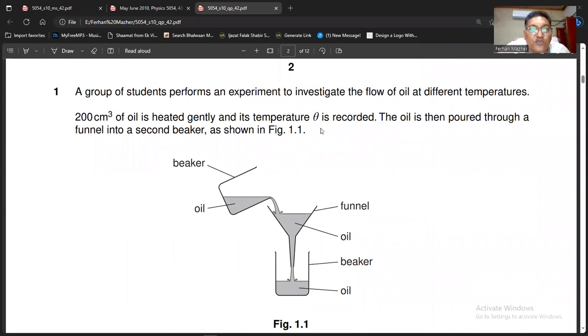A group of students performs an experiment to investigate the flow of oil at different temperatures. 200 cm³ of oil is heated gently and its temperature theta is recorded. The oil is then poured through a funnel into a second beaker as shown in figure 1.1.